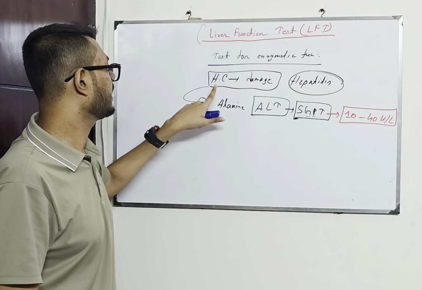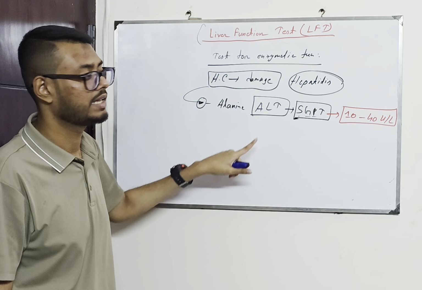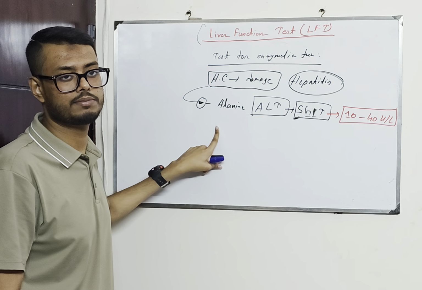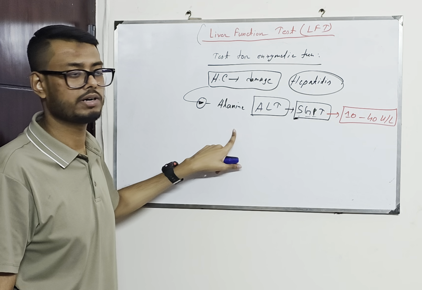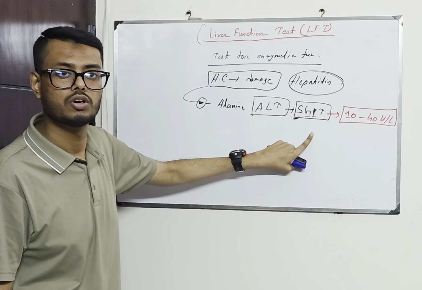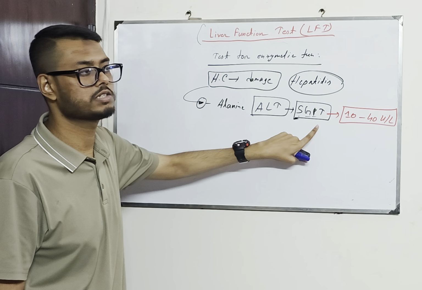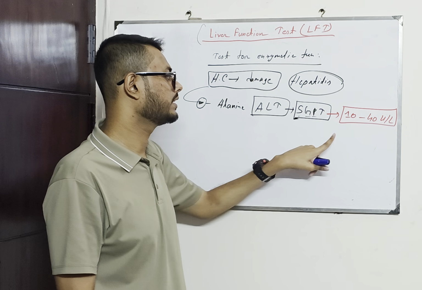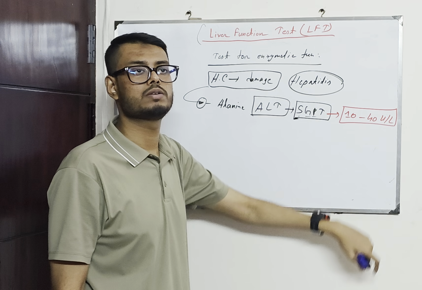So we can say that in hepatocellular damage or hepatitis, we can see the enzyme alanine aminotransferase, or SGPT, serum glutamic pyruvate transferase. What is the normal value? That is 10 to 40 units per liter.